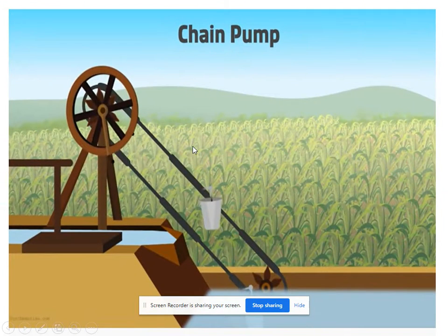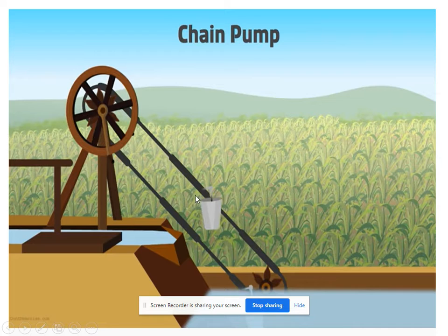First one is the chain pump. So what do you observe in this picture, students? See here, the water source is there. Above that, one water canal is built, and above this water body a wheel is attached, and to that wheel one chain is connected.